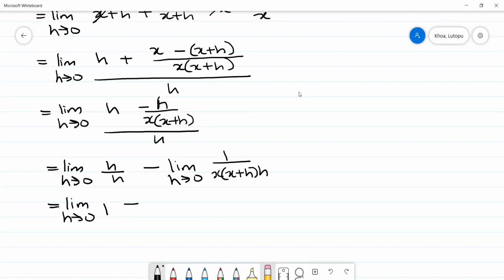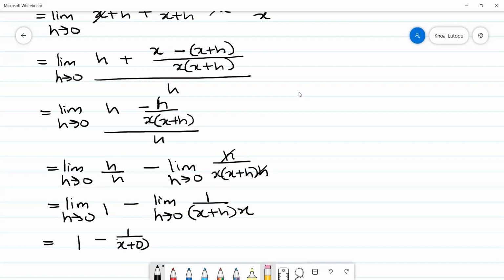So this h will cancel, the minus h should still be there. So this h there will cancel with that one. So minus the limit as h goes to 0 of 1 over x plus h times x. This one we know is just 1 because 1 is a constant, it doesn't depend on h. And over here we substitute 0, so we have minus 1 over x plus 0 times x, we get 1 minus 1 over x squared.